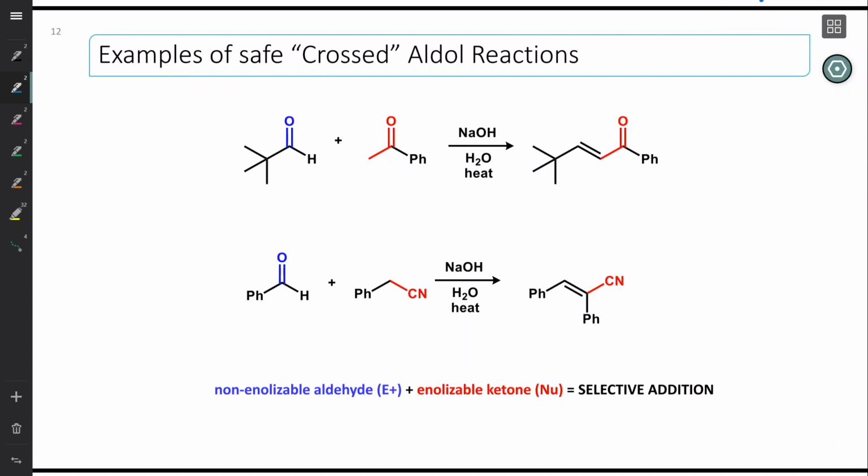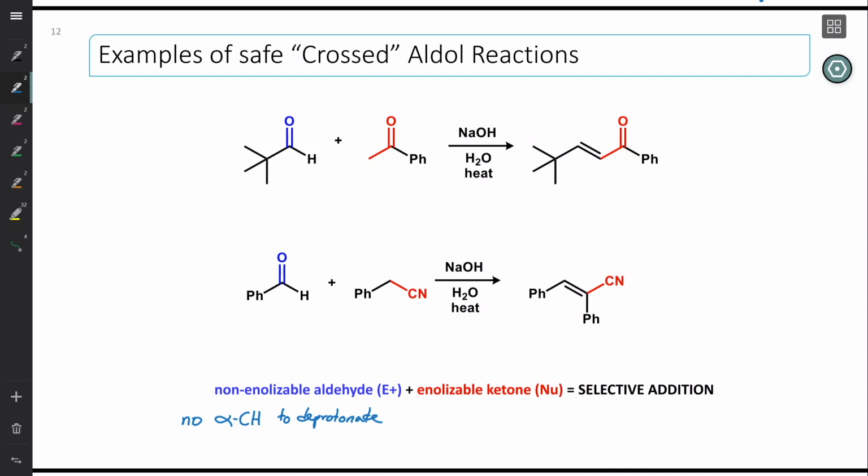A safe crossed aldol is when you mix them both together, but one of them cannot become your enolate, usually for the most obvious reason: it has no alpha CH to deprotonate. So it cannot form an enolate.